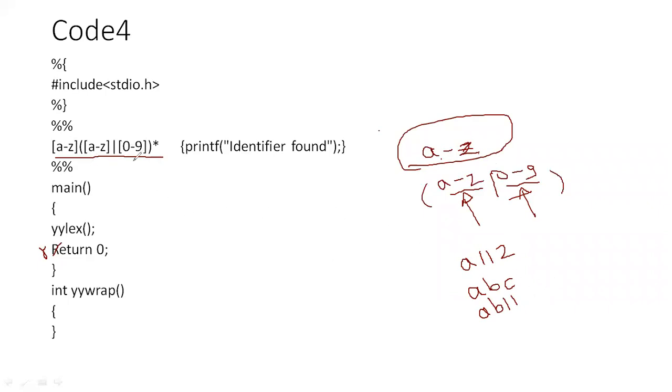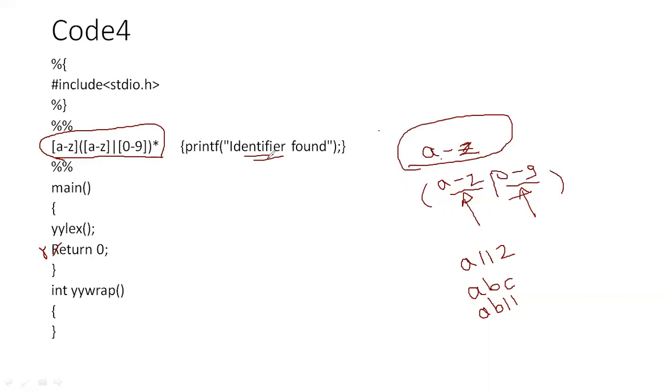So any combination which is satisfying this particular regular expression will be treated as identifier, because we have written in double quotes that this particular string, if satisfied by the regular expression, is called an identifier. I hope this code number 4 is clear to you.